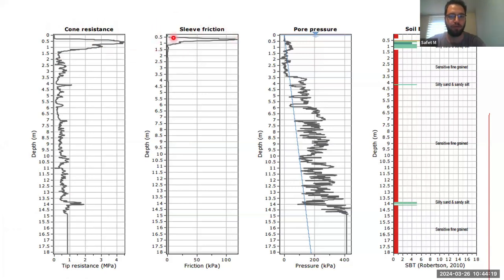Next one is going to be sleeve friction, and third one is going to be pore pressure. Because if there's no water, your pore pressure is going to be zero, and at the moment you get pore pressure more than zero, you can say that you have the water table level just there.